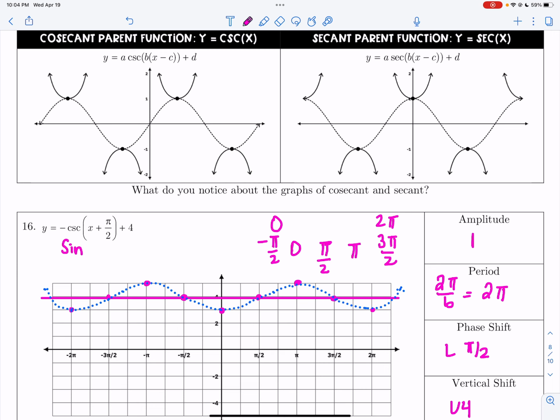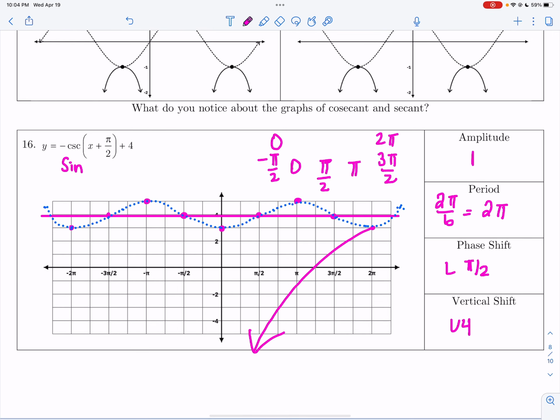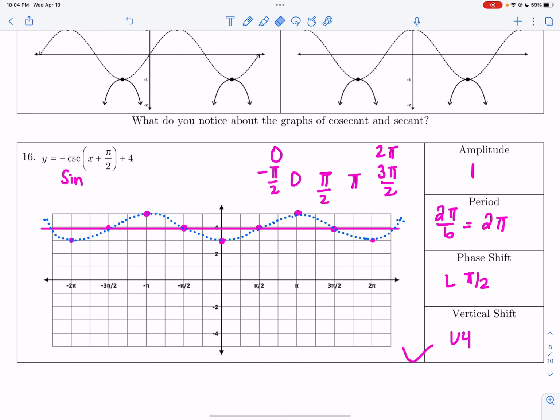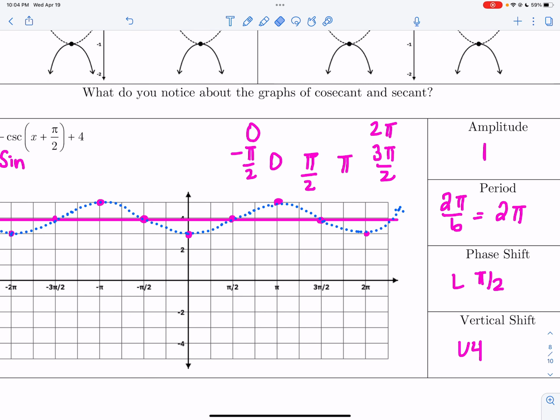And of course, we can't just go down like this. There are imaginary asymptotes, and those asymptotes are going to be the values of your midline. So right here would be an asymptote, so I would just be careful. Don't cross that.